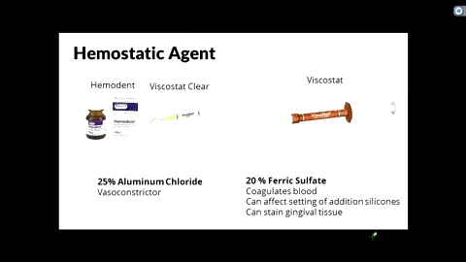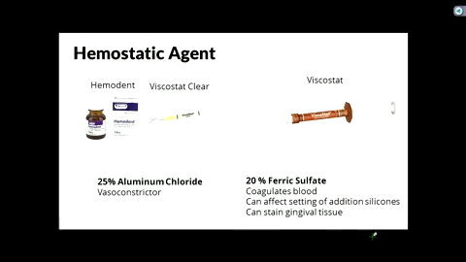Talk about that next. So hemostatic agent, we have Hemodent and Viscostat Clear. Those are the two brand names that we have, and it's a 25% aluminum chloride solution. So you take the cord, you have it soaked into this solution, and it functions as a vasoconstrictor, so it helps minimize bleeding. We also have ferric sulfate. The brand name would be Viscostat.